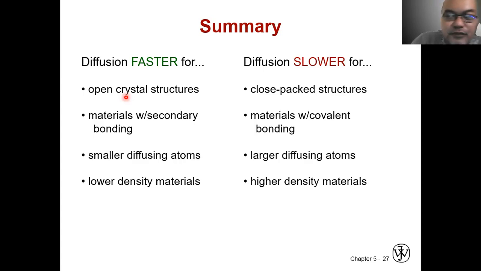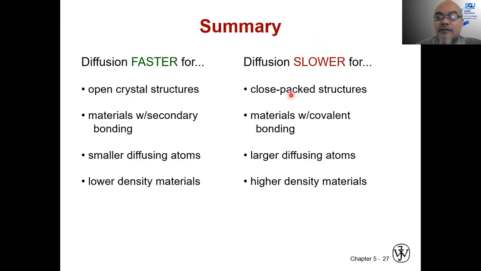Faster for a smaller diffusing atom, like carbon diffusing in iron. And also when the material has lower density, meaning there is more space between the atoms in the crystal. That is why diffusion occurs faster in BCC hosts compared to FCC hosts or HCP, that is hexagonal close-packed, hosts.